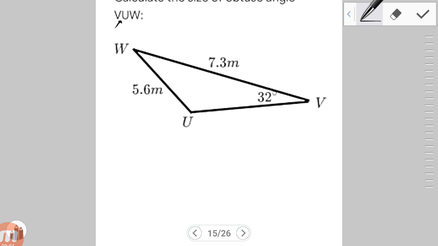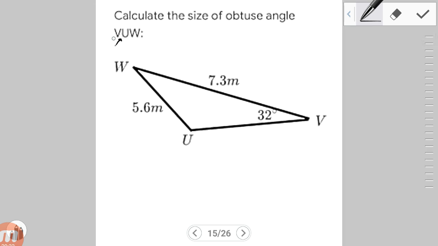And they didn't really have to say VUW, because they did say obtuse angle, and you guys should know that an obtuse angle is an angle that measures more than 90 degrees but less than 180.